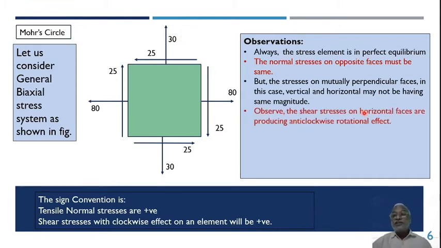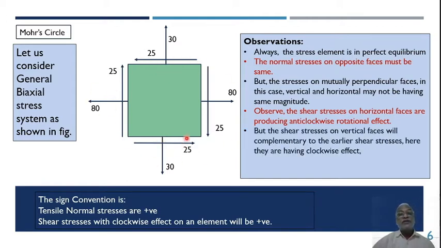Observe, the shear stresses on horizontal faces are producing an anti-clockwise rotational effect. Now the shear stresses on the vertical faces will be complementary to the earlier shear stresses. Here they have a clockwise effect.